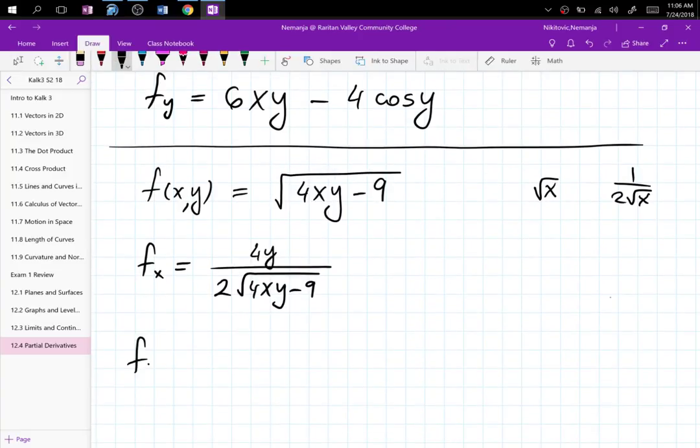If I find the derivative with respect to y, well, it's going to be the same thing. You have 4xy minus 9, and you will have 4x on the top. So this is when I say the problem is symmetric. You take a look, their derivatives look the same, right? Except you have 4x and the other one has 4y.